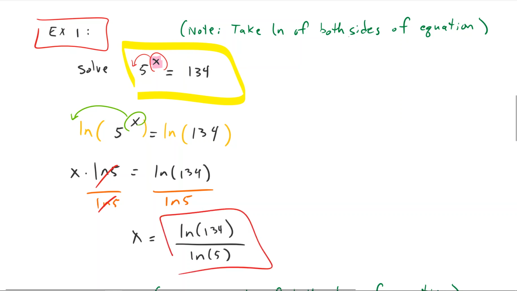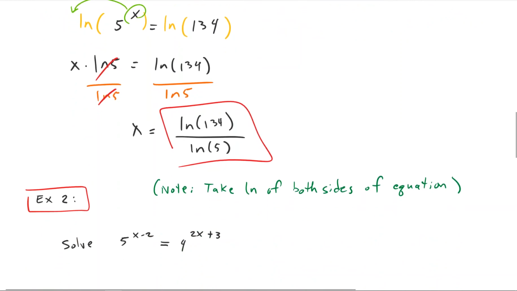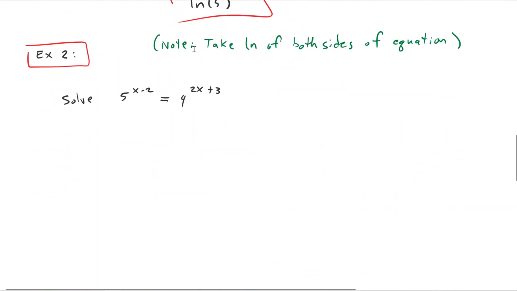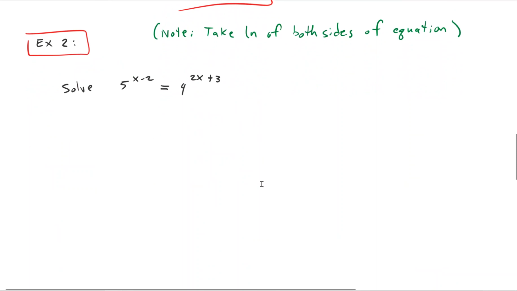So that was actually pretty slick, right? Not too bad at all. It's a very, very effective trick to take the natural log of both sides if the variable you want to solve for is in the exponent. So let's try another one of these problems that's very similar.